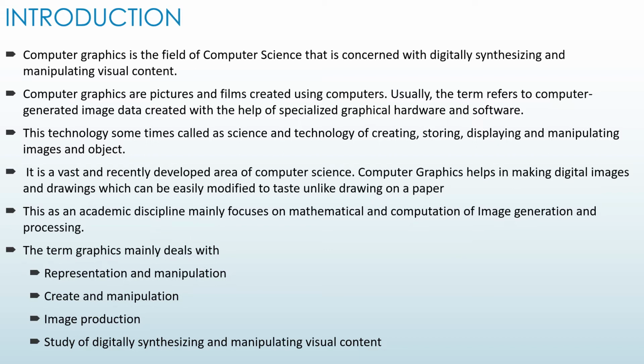So you do different synthesis, or some kinds of data enhancement. A simple example of digitally synthesizing and manipulating: you take the image, remove the background noise with the help of some software, and make that image look beautiful.